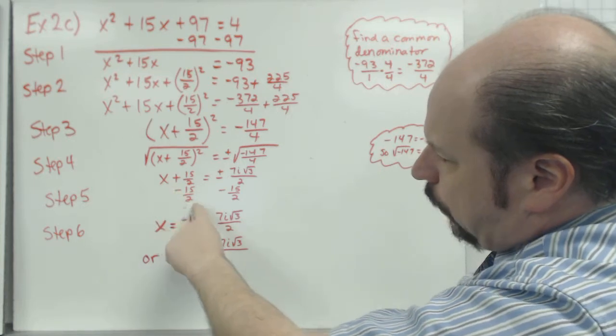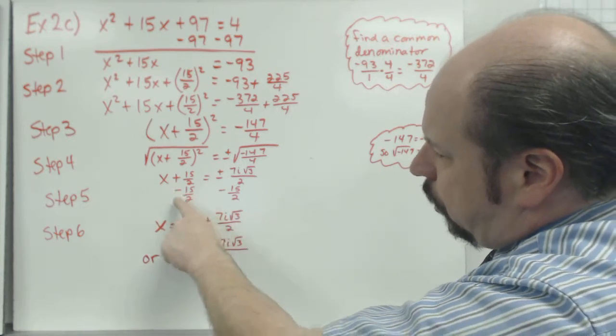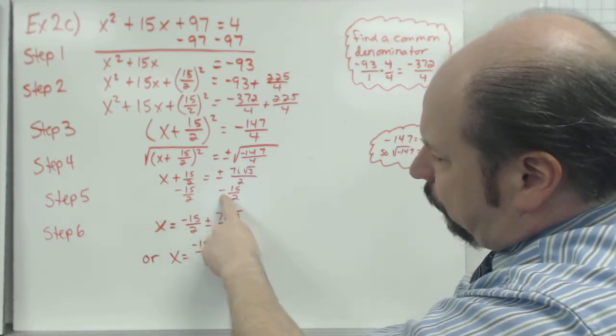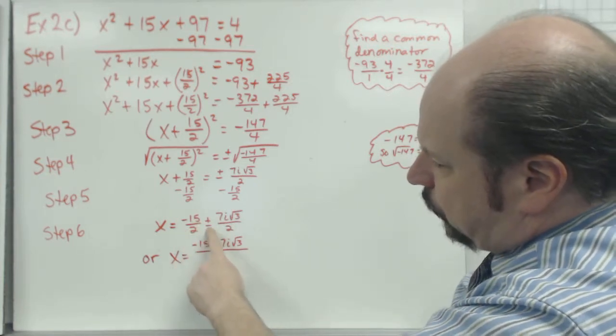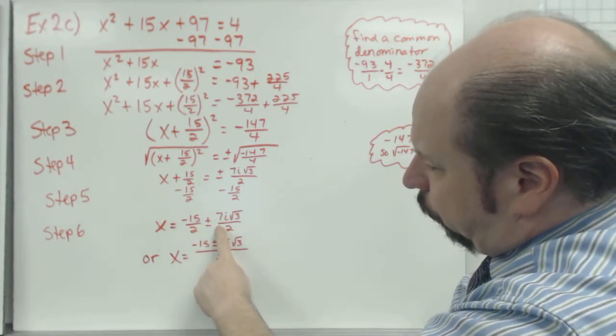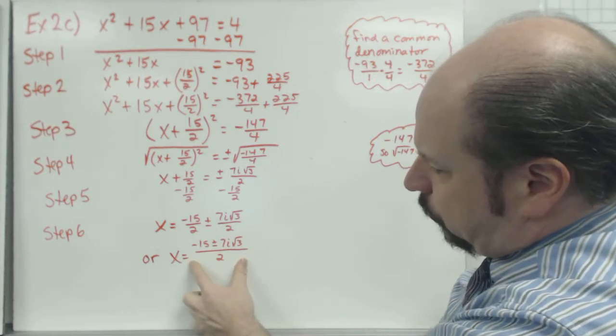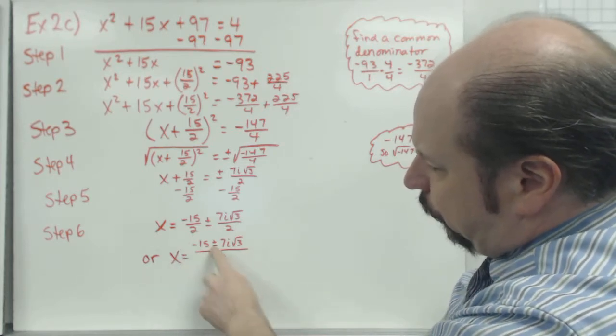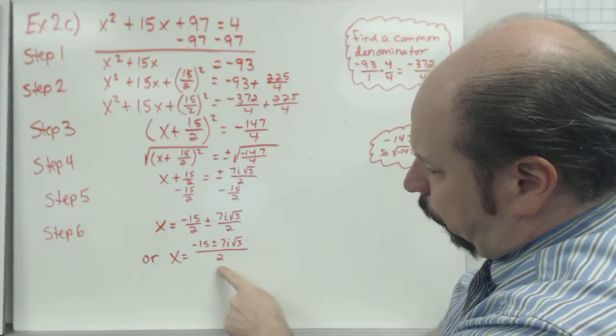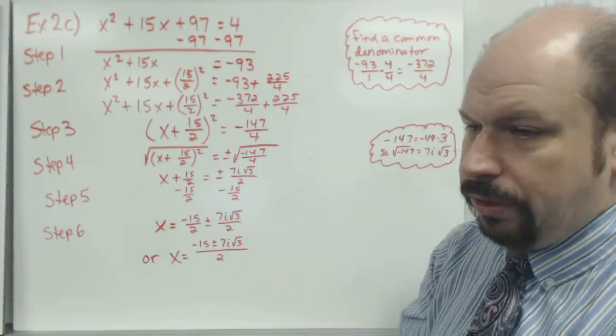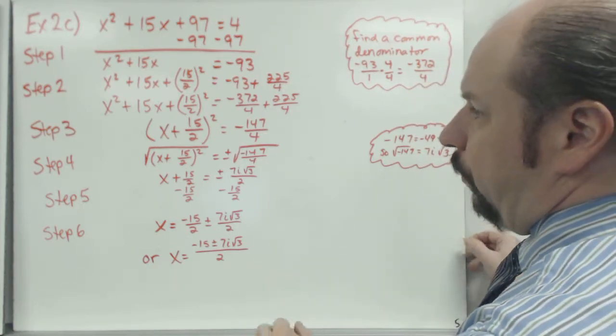And now subtract 15 halves from both sides. So if we subtract 15 halves from both sides, we have negative 15 halves plus or minus 7i root 3 over 2, which we can rewrite as one fraction once again. Negative 15 plus or minus 7i root 3 all over 2. Okay, and that is everything for that one.